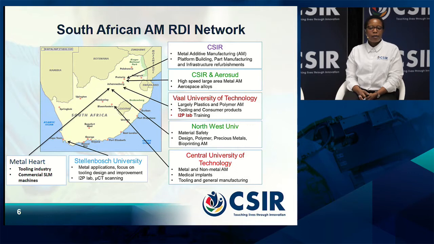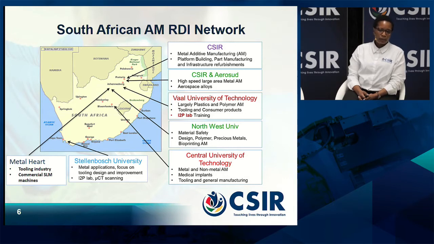The CSIR and Aerosud came together to collaborate on a project called the AeroSwift. The project is a high-speed, large area metal AM machine that is housed at the CSIR, focusing mainly on aerospace alloys. You also have the Vaal University of Technology that is working on mainly polymers and tooling.